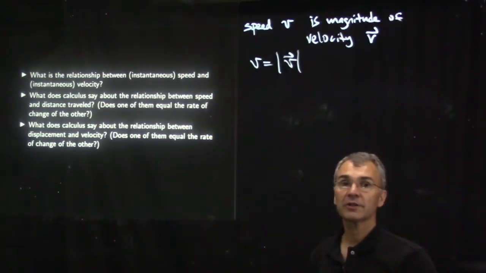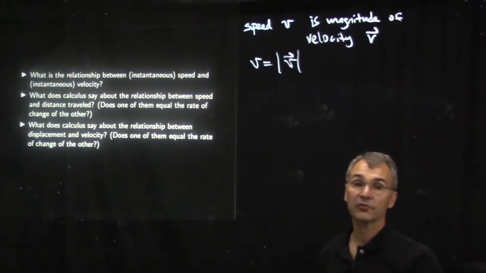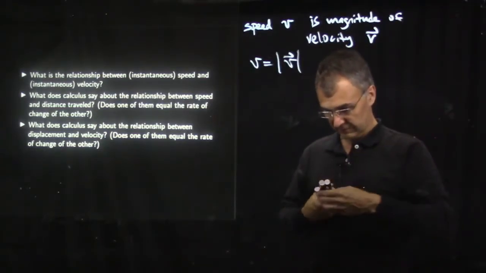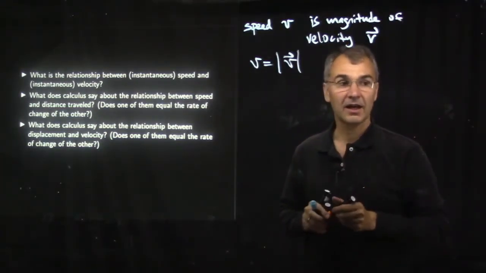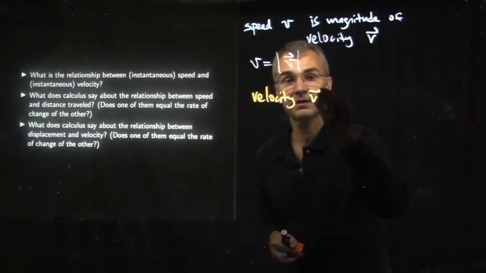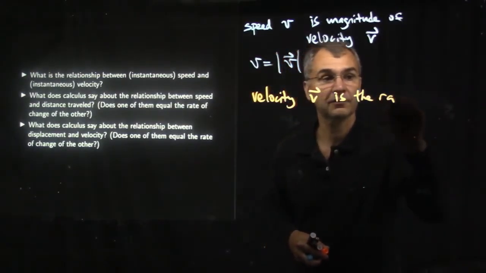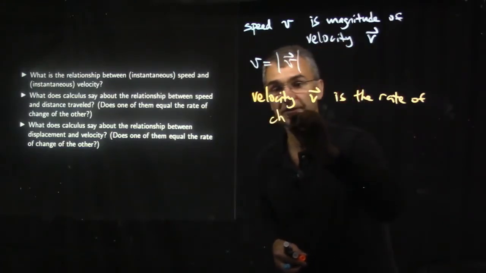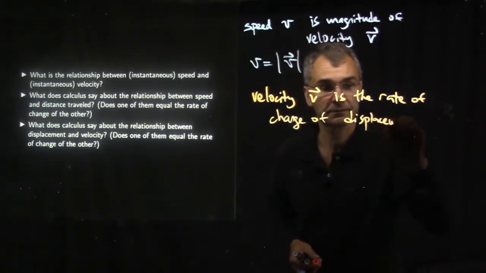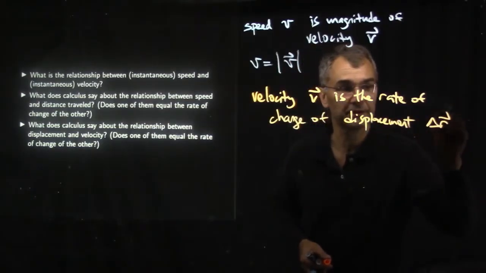What does calculus say about the relationship between displacement and velocity? Does one of them equal the rate of change of the other? Well, yes, I think that velocity is the rate of change of displacement. So I would say that velocity, v, is the rate of change of displacement, delta r.